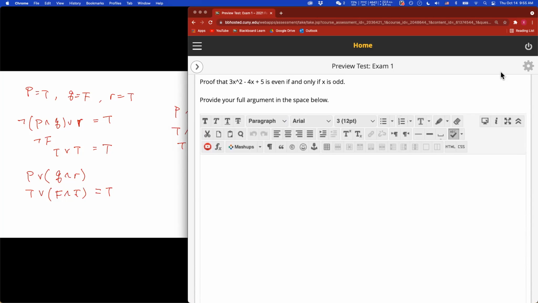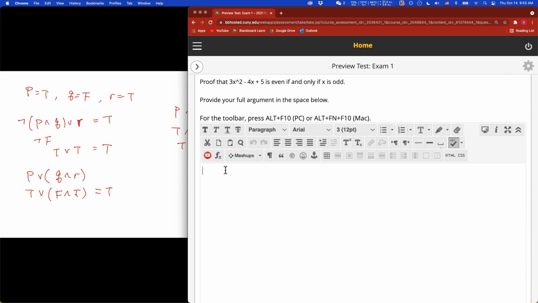For an if and only if statement, you need to prove P implies Q and Q implies P. So for this question, if you break it down, you need to show if 3x squared minus 4x plus 5 is even, then x is odd.